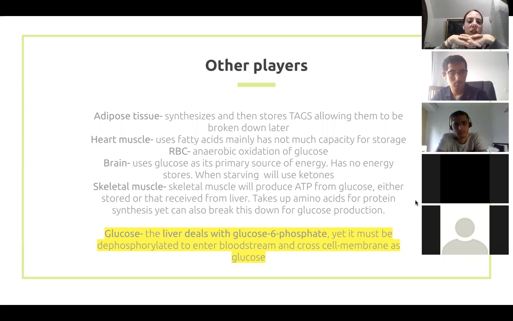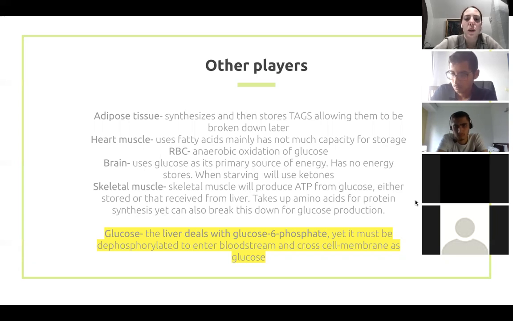Heart muscle mainly uses fatty acids, but it doesn't have much capacity for storage. Our red blood cells undergo anaerobic oxidation of glucose. The brain, very important, uses glucose as its primary source of energy, but it has no energy stores, which makes sense, as it's just a mass of nerves. When it's starving, it will use ketones.